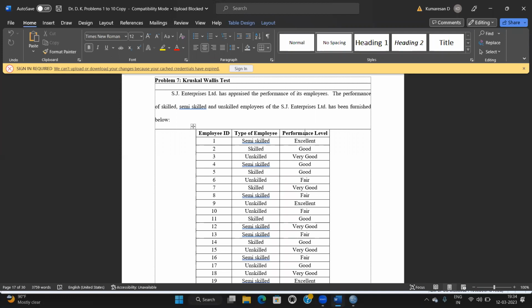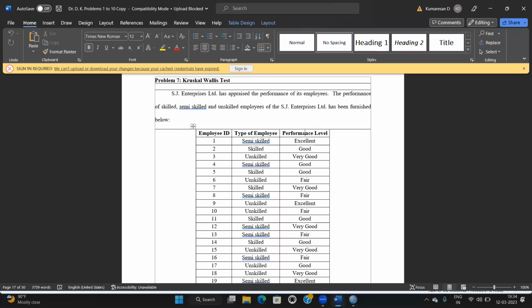So if the data available is scale data, straight away you can go for one-way ANOVA. If the data is available in the form of ordinal data, you have to apply the Kruskal-Wallis test.